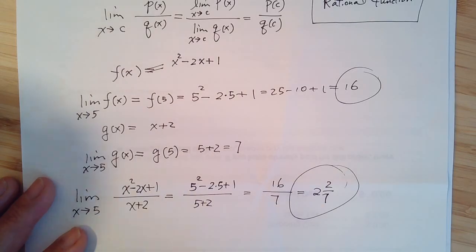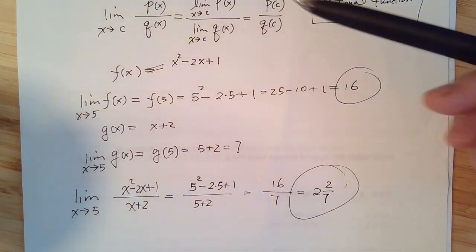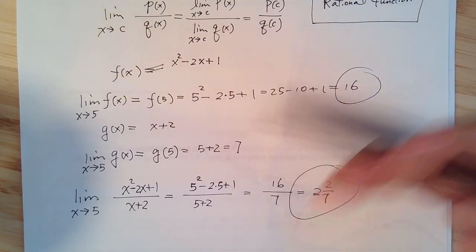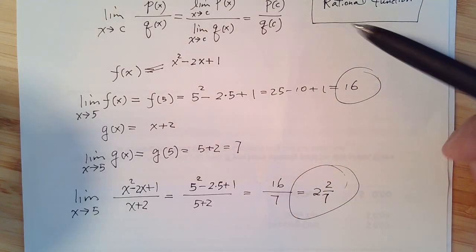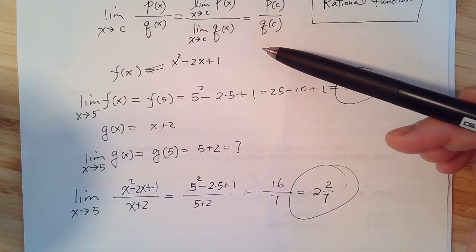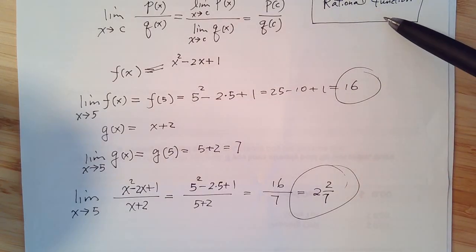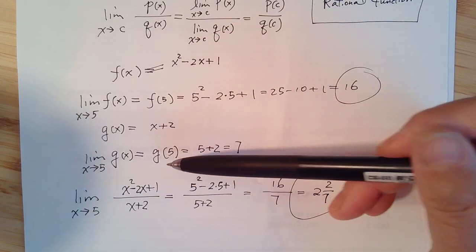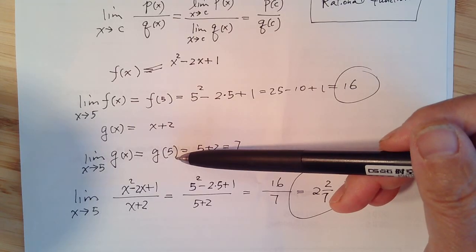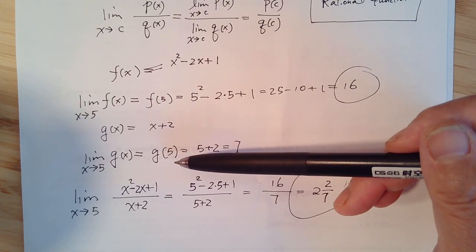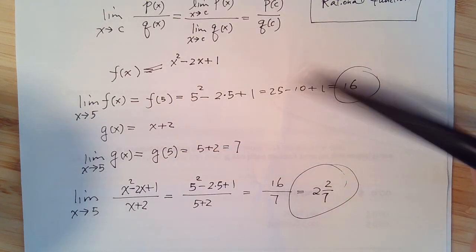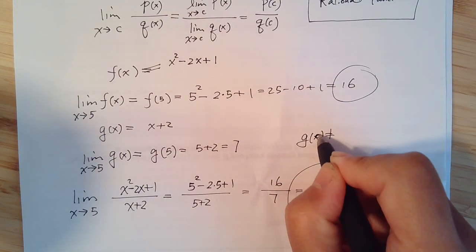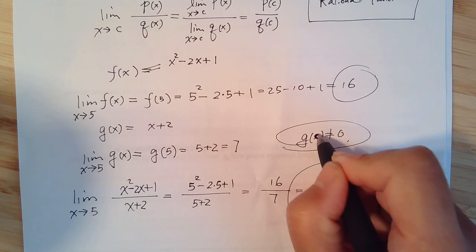So you see from this, if we have a polynomial function, then it's very easy to find the limit: use the direct substitution method. If you have a rational function and the denominator is not 0 at that point, where x approaches 5, did you notice that g of c is not 0?